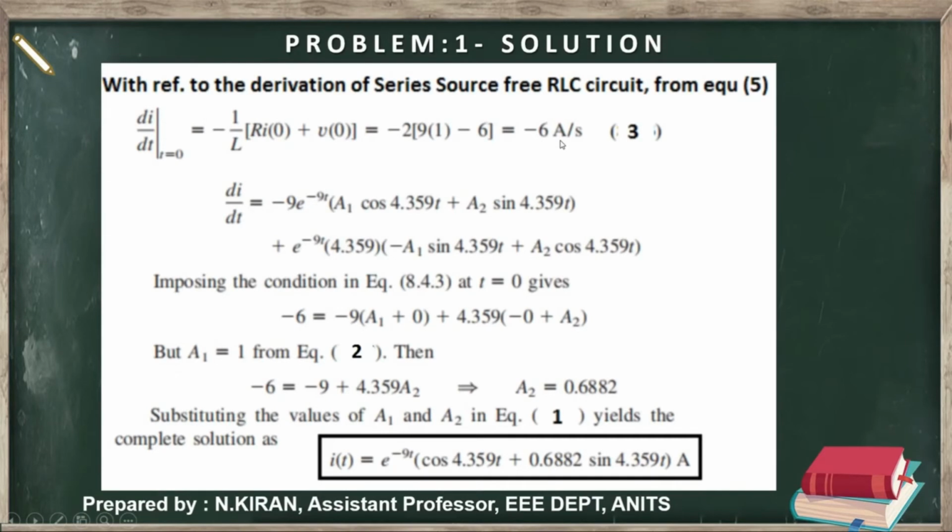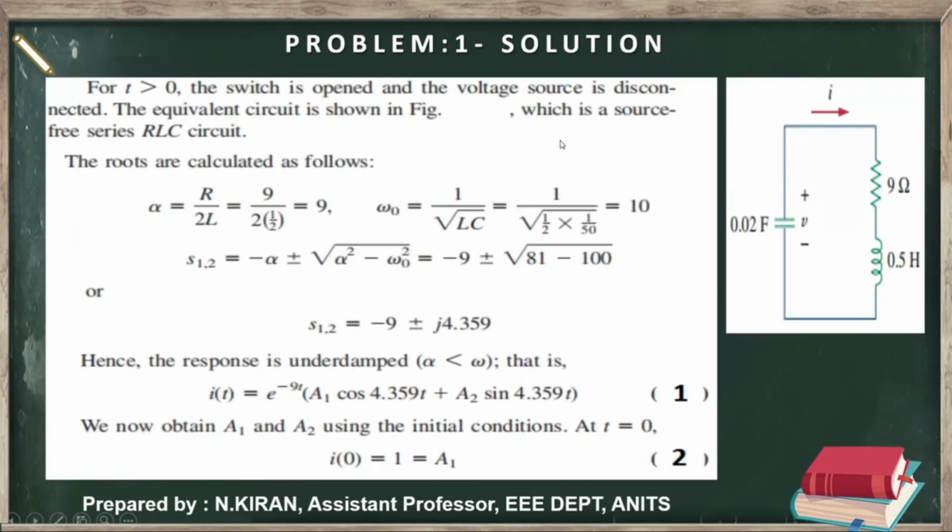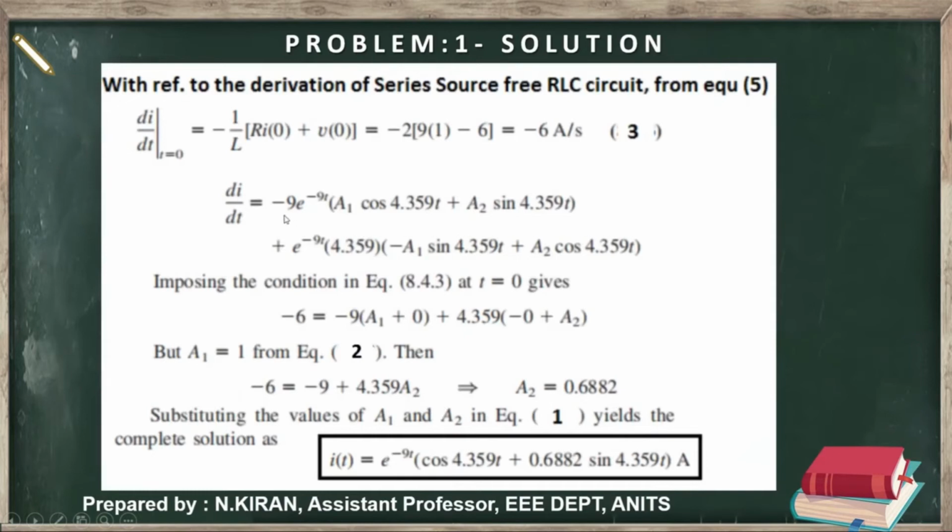Differentiating the first equation with respect to t, if we apply the uv formula, we will get this expression: minus 9 into e power minus 9t into a1 cos 4.360 plus a2 sin 4.360, plus e power minus 9t into 4.36 into minus a1 sin 4.360 plus a2 cos 4.360.